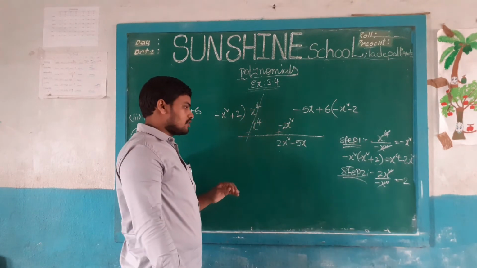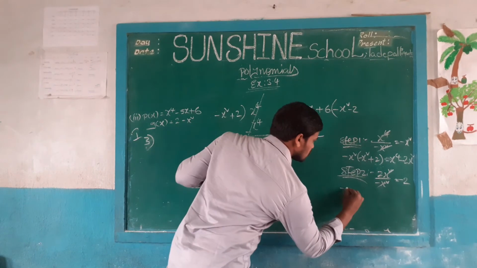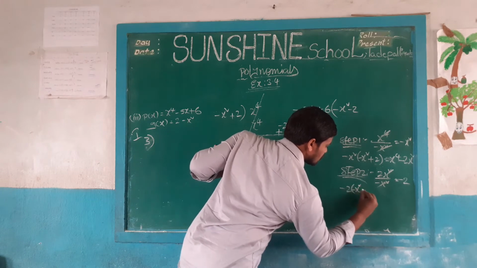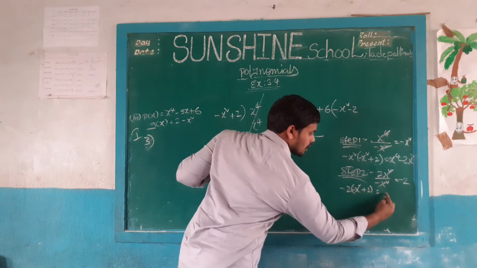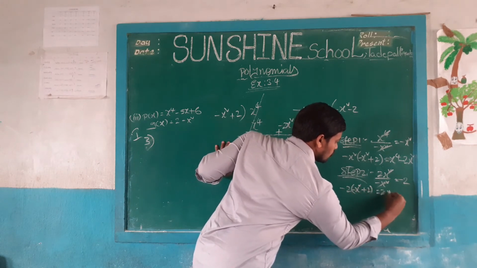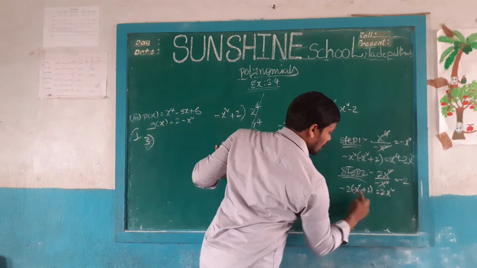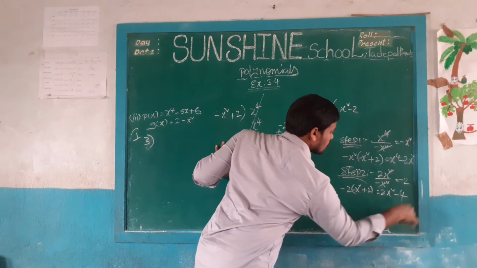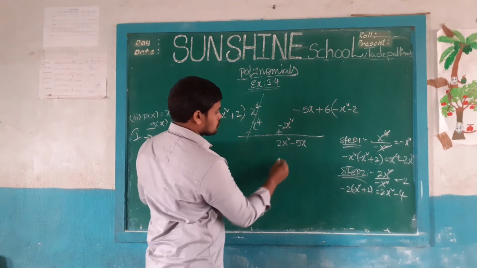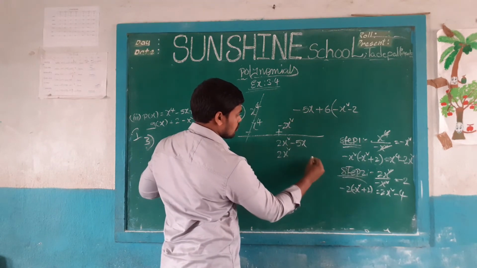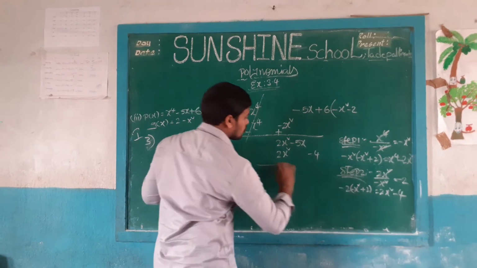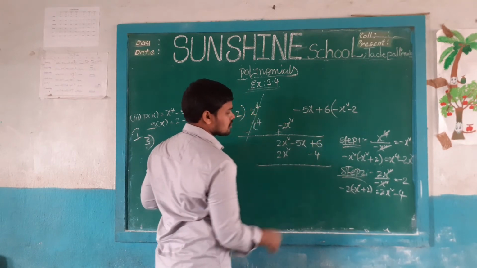Minus 2 multiplied with the g of x. g of x value is minus x square plus 2. Minus minus plus 2 into x square, 2x square. Minus plus minus 2 into 2, 4. 2x square minus 4. So simply write down the 6 also here.